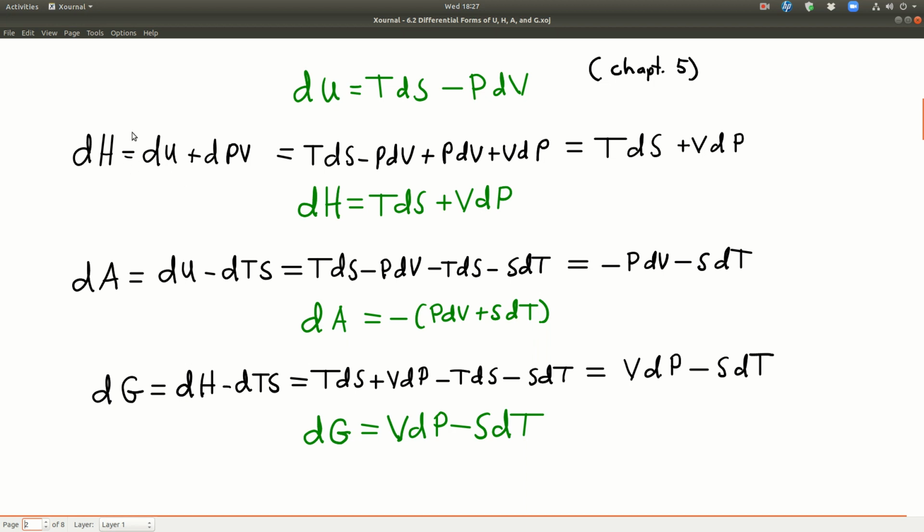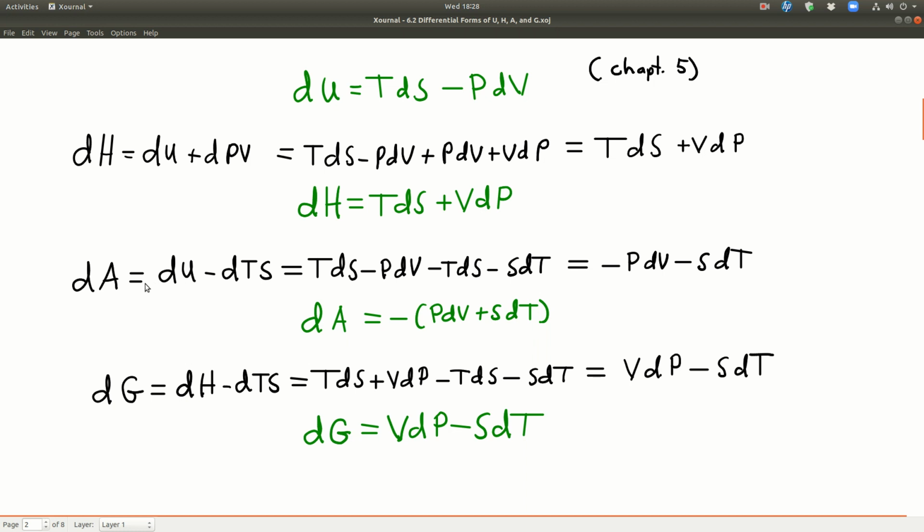Substituting in place of dU what we just got, TdS minus PdV, we get dH is TdS minus PdV, that's the dU part, plus the differential of PV, which is PdV plus VdP. The negative PdV and the positive PdV cancel, and we're left with TdS plus VdP. So dH equals TdS plus VdP.